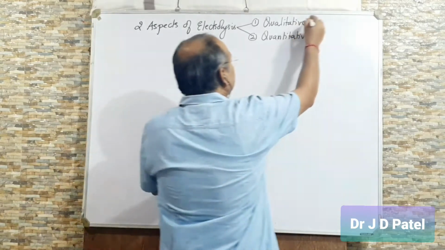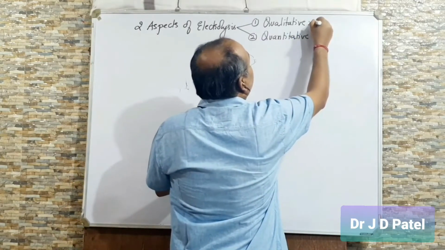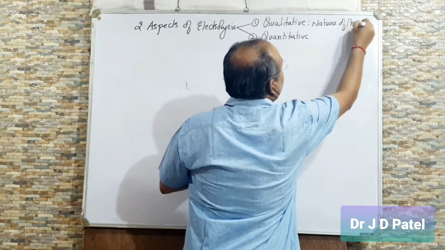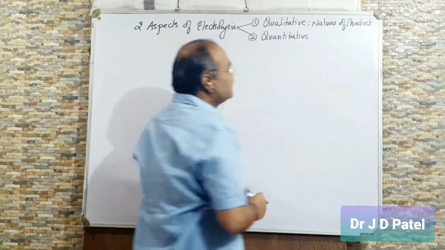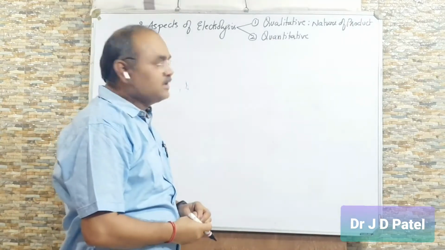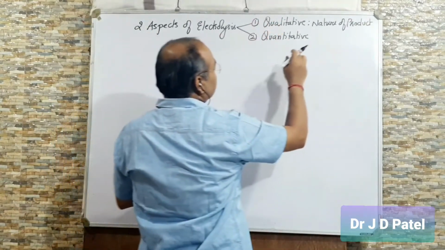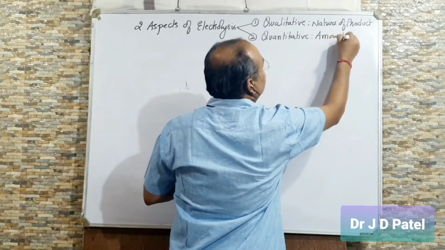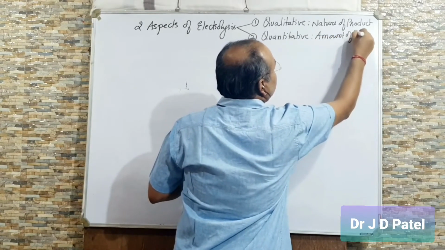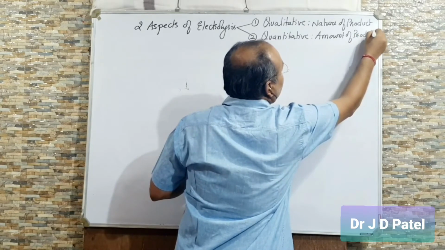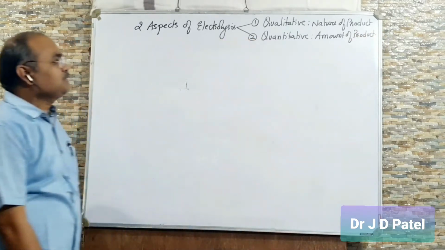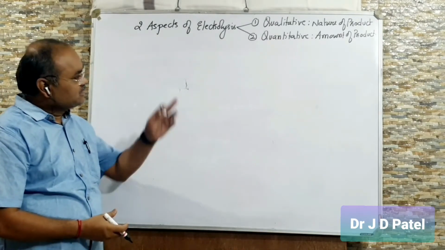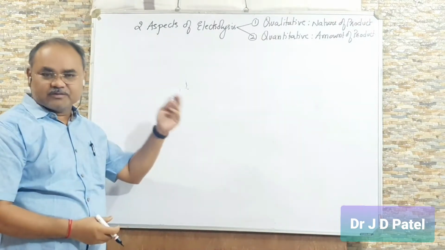Qualitative means the nature of product. What will be the nature of the product? That we are going to study in the qualitative aspect. And in quantitative, we have to find out the amount of product. So there are two aspects of electrolysis, one qualitative, another quantitative. We will deal with both one by one.